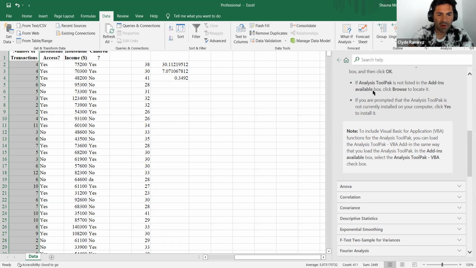And now I get a small box where it says add in. Now click on the analysis tool pack checkbox. And then I think there's another thing at the bottom. It says okay, cancel, browse, automation. Yeah, click OK. Okay, convert. It still won't come out.